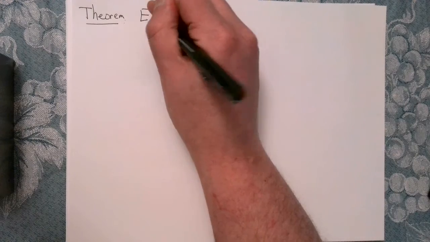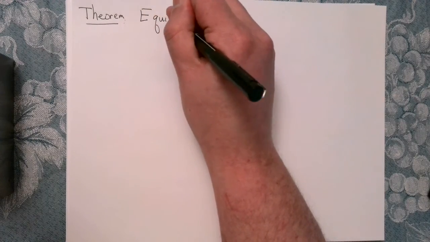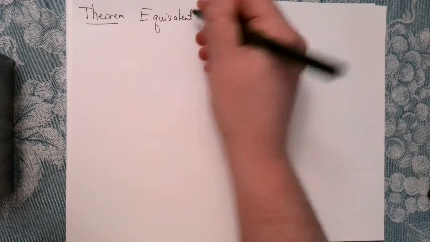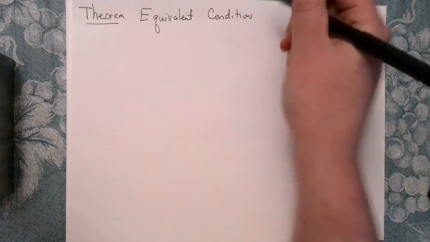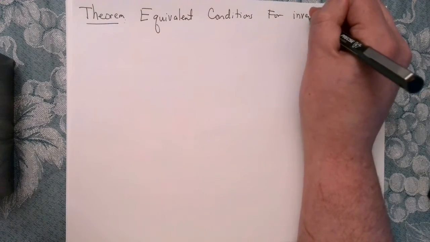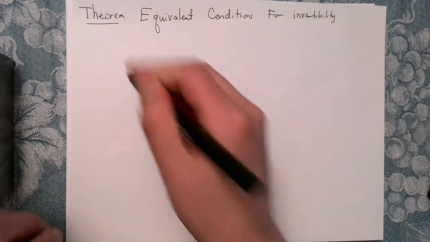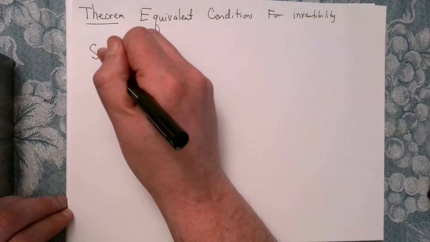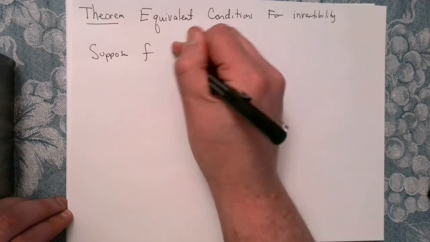So this theorem is all about equivalent conditions for invertibility. And so it says the following. Suppose f is a function.